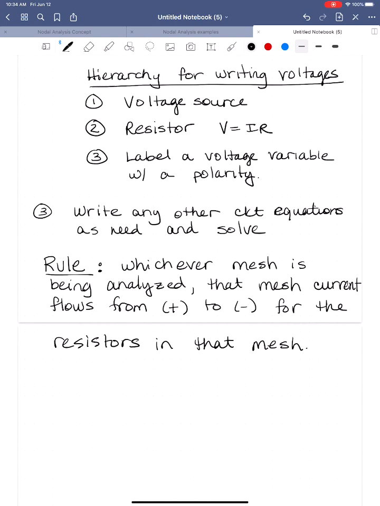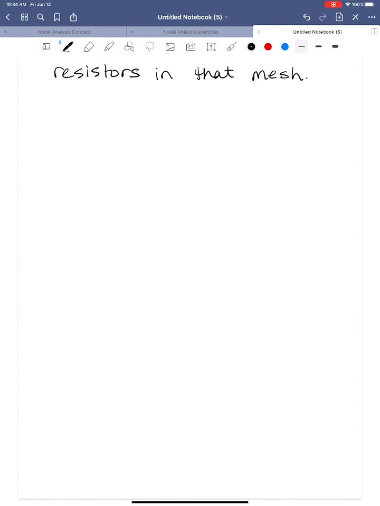All right, so let's do a very simple circuit to start with. And we're actually not even going to worry about solving it. This is just to get comfortable with the idea of elements shared between two meshes and elements on the outside of a mesh. So we're actually just going to write the equations.